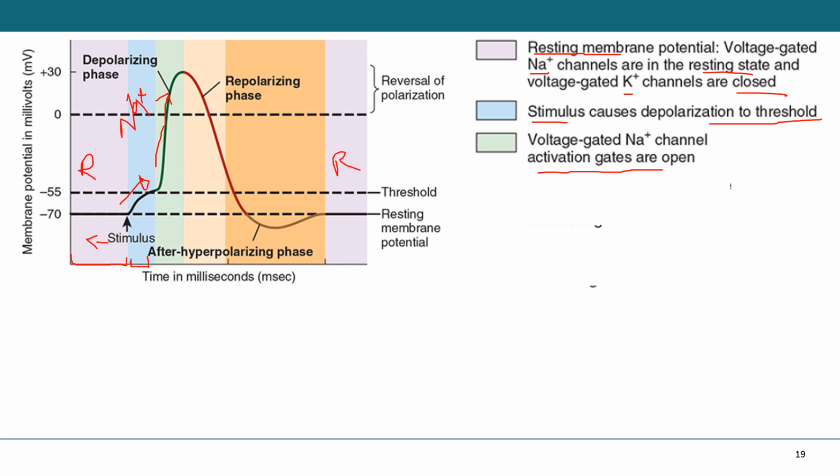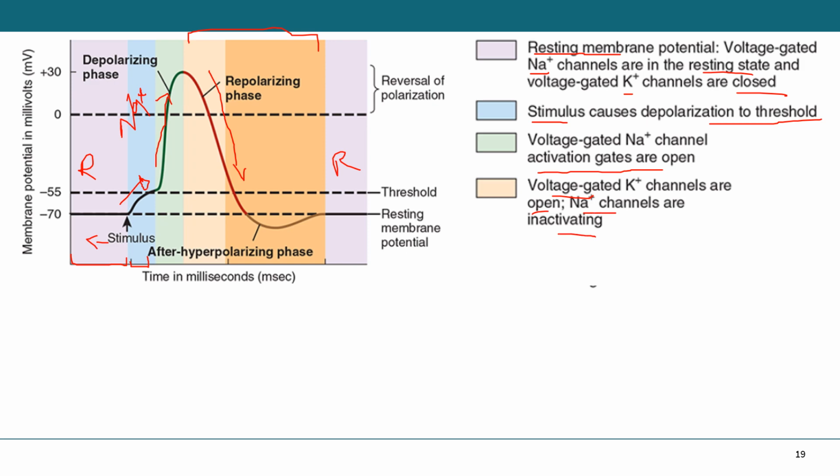Later in the two orange areas, you start the repolarization, you make the cell much more negative again, and you do it in the early stage by removing the potassium, by opening the potassium channel and closing the sodium channel.